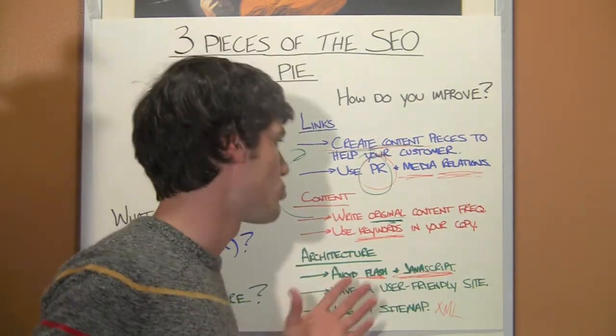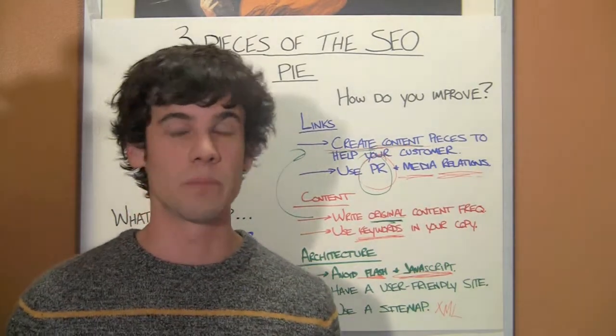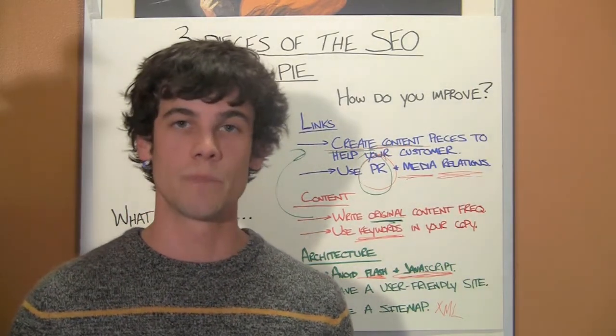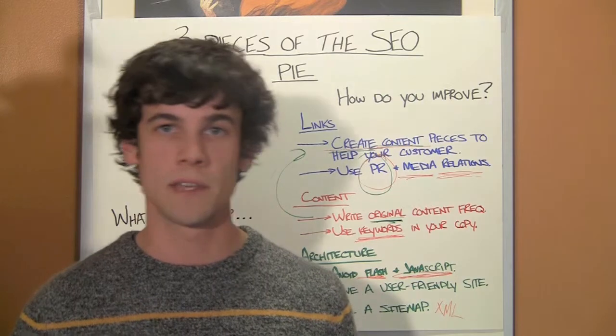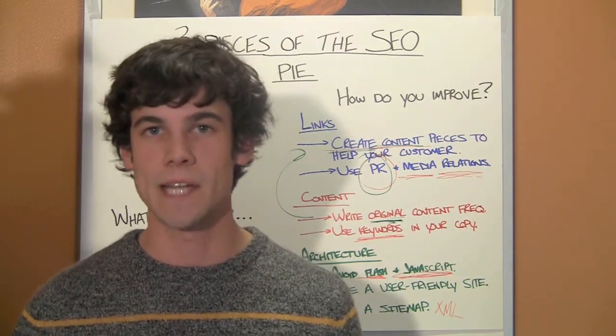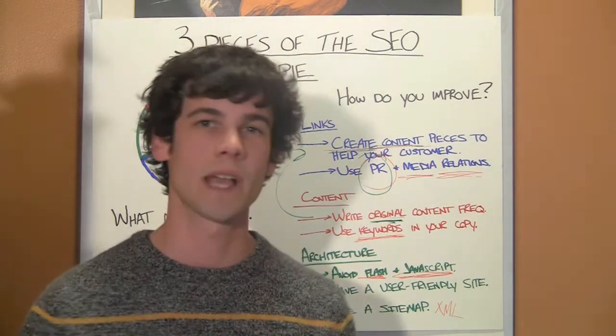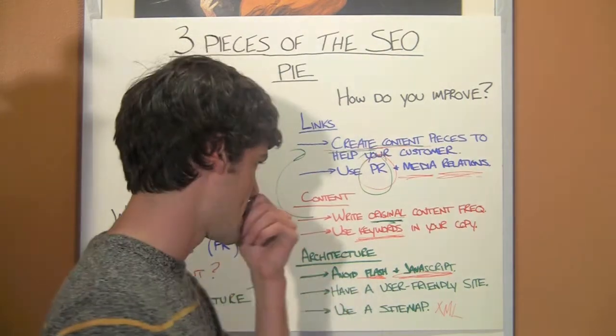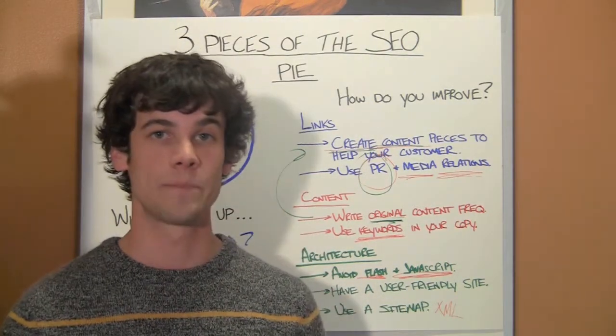So it's really writing original content frequently via blog, or maybe you're sharing things in the community. Maybe it can be context-based, more of a conversation. Doing those things and using keywords in your copy.